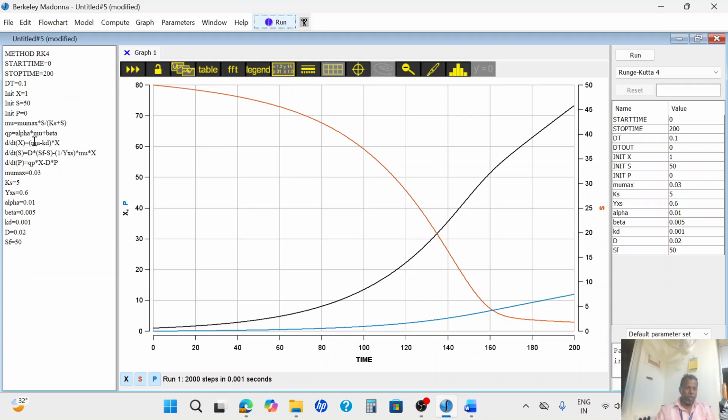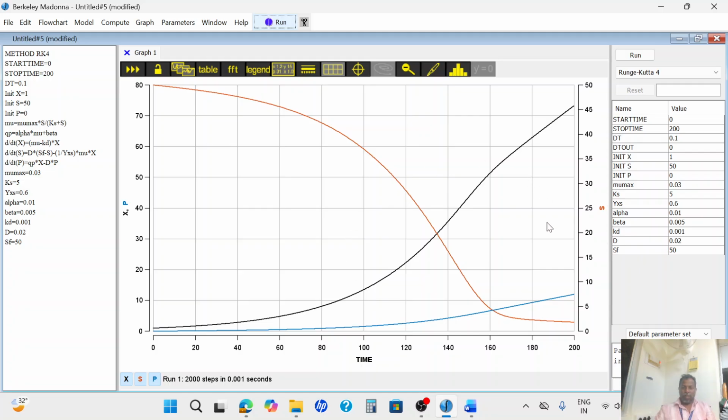Again, there are three differential equations: one is biomass, another is substrate, another is product. The dynamic models for biomass, substrate, and product are given, and the initial values are also given. The simulation time is 0 to 200.